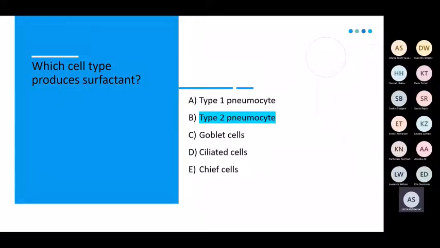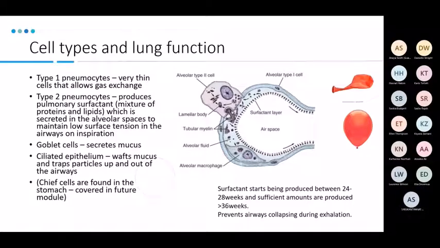So type 1 pneumocytes are very thin cells which allow the gas exchange to occur, whereas your type 2 pneumocytes produce surfactant, which keeps the surface tension low within the airways on inspiration and stops the alveolar spaces from collapsing.